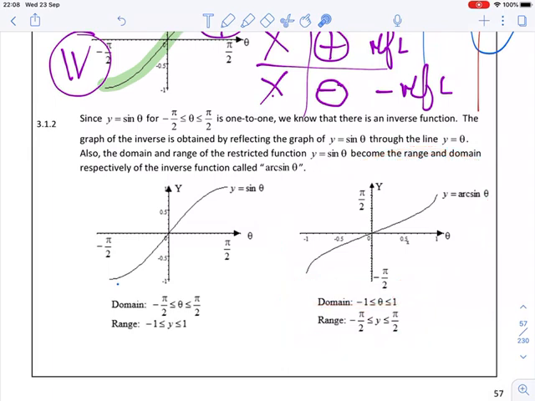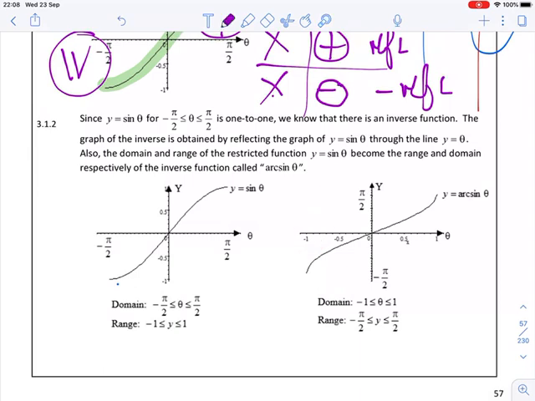Now remember, we did inverse functions last semester, and remember the x and the y swap. So if we have pi over 2 here, it will be pi over 2 there. Minus pi over 2 here will be minus pi over 2 there, etc. We had the 1 here, it will now be 1 over there. We had negative 1 here, it will now be negative 1 over there. The x and the y swap.